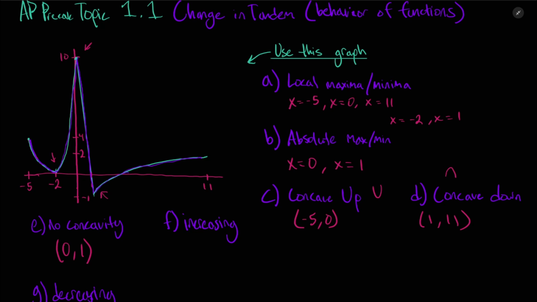Okay, where is our graph increasing? Honestly, all you want to think about when you see increasing is, where is the graph going up? Where are my y values increasing as I'm plugging in x's?